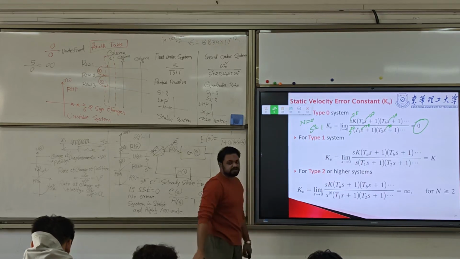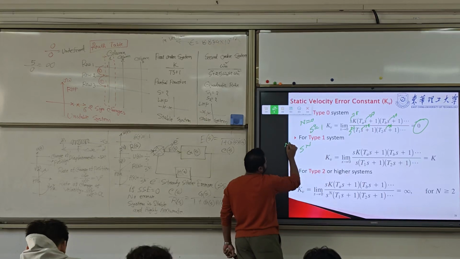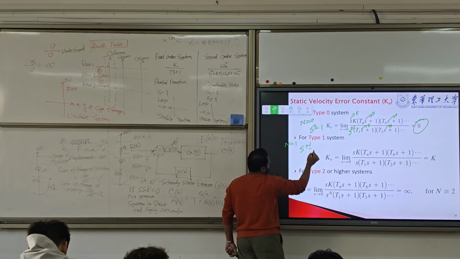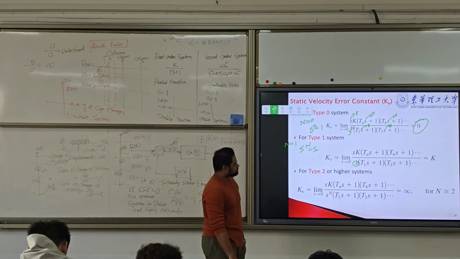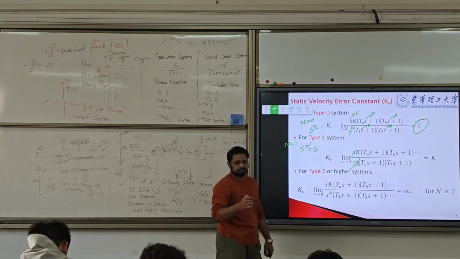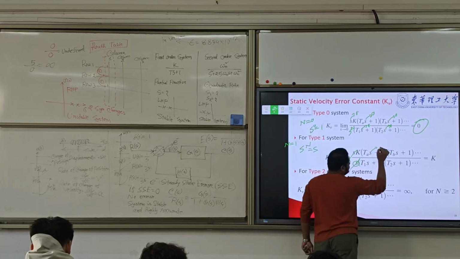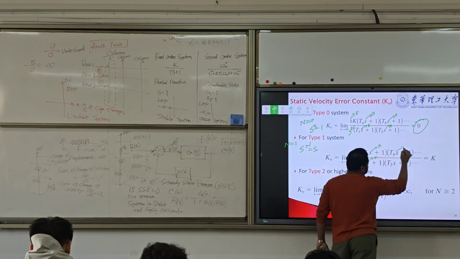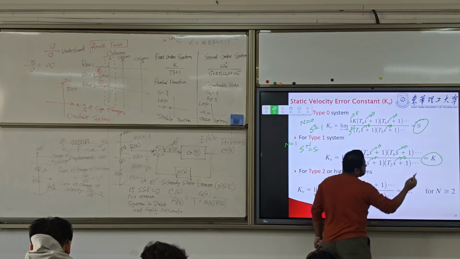This is a type 0 system. Here Sn, n equal to 1, so this is s. Now we have an s and also an s, so this s and this s will be gone. Now it will not be 0. Put all the s as 0, the limit is 0, we have a K, so the value will be K.